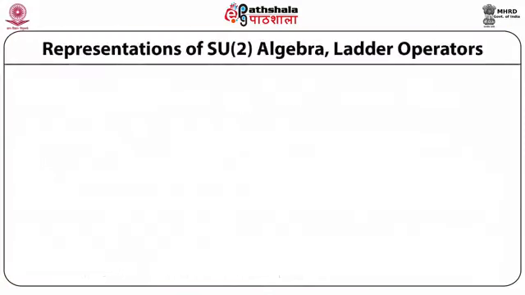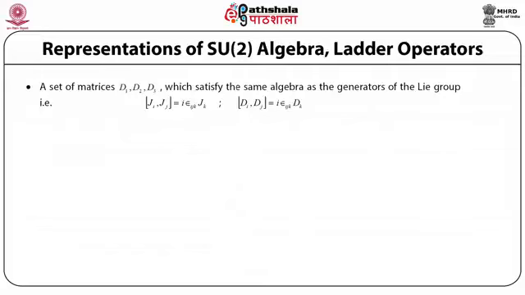Now I will discuss representations of the SU(2) algebra by a method known as the ladder operator method. Consider a set of matrices D1, D2, D3 which satisfy the same algebra as the generators of the Lie group. Namely, the generators of the Lie group satisfy the algebra [Ji, Jj] = i ε_ijk Jk, where ε_ijk are the structure constants.